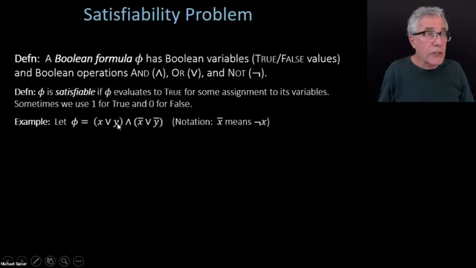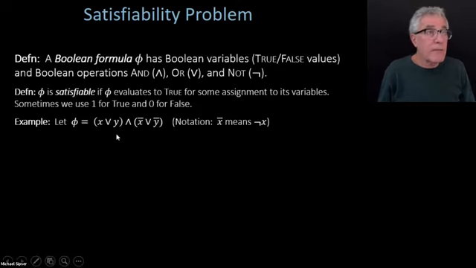So x or y, well, that's true. But now we have to do an and, so we need both sides to be true. Now we have x complement. Well, we said x is true, so x complement is false. y complement is false. False or false is false. So now we have true and false, and that's going to be false. We did not find a satisfying assignment, but maybe there's another one.